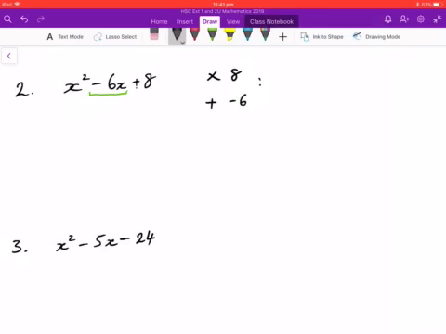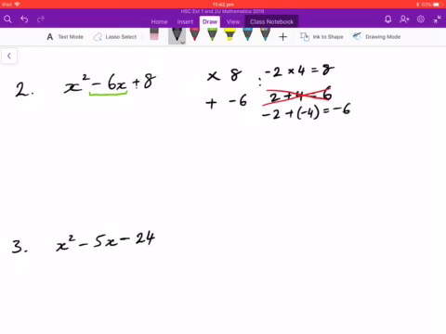Now, what are the factors of 8? Well, it's 1, 2, 4, and 8. The clue is there's 4 and 2: 2 times 4 equals 8. But 2 plus 4 is equal to 6. Now, that's not correct because we're looking for negative 6. But what if I did negative 2 plus negative 4? Well, that does get me to negative 6.